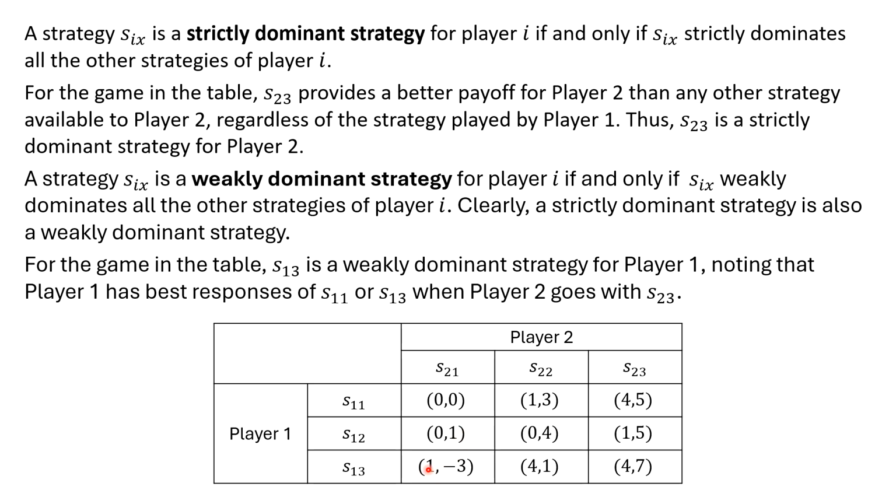So we have 1 is greater than 0, is greater than 0, so that checks out. 4 is greater than 0, greater than 1. And 4 is greater than 1, greater than or equal to 4 actually. And so S11 is a weakly dominant strategy for player 1.